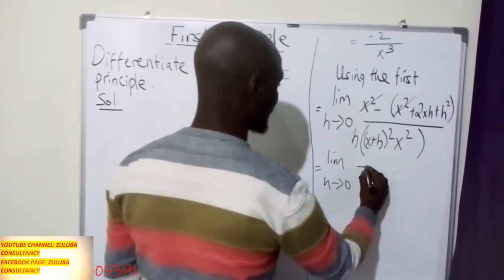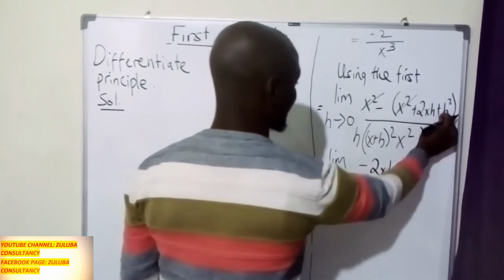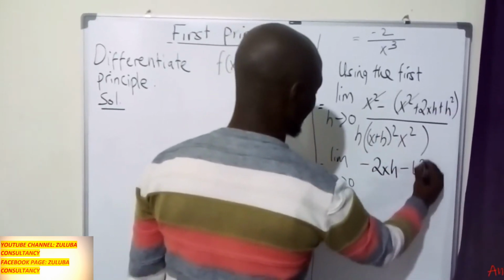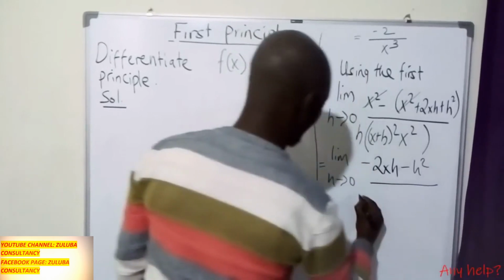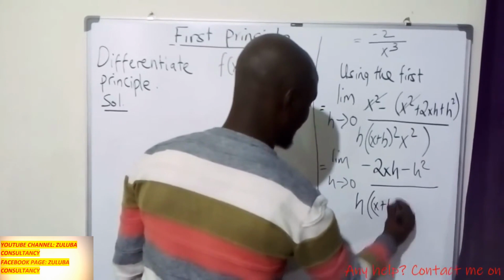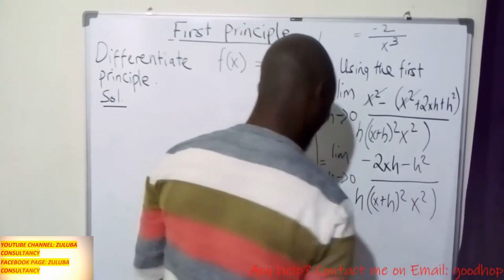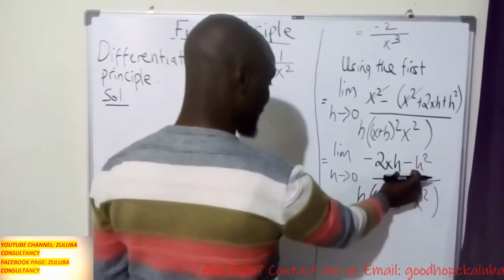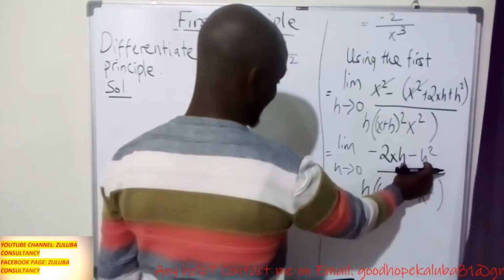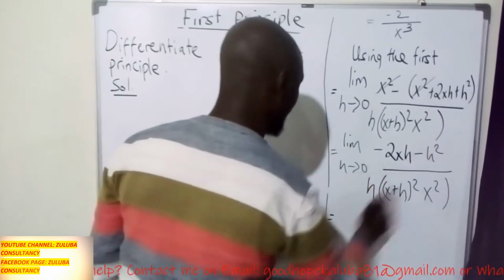We are going to have negative 2xh minus h squared, divided by h, then x squared, x squared. Now I'm going to factorize h because it's common here.